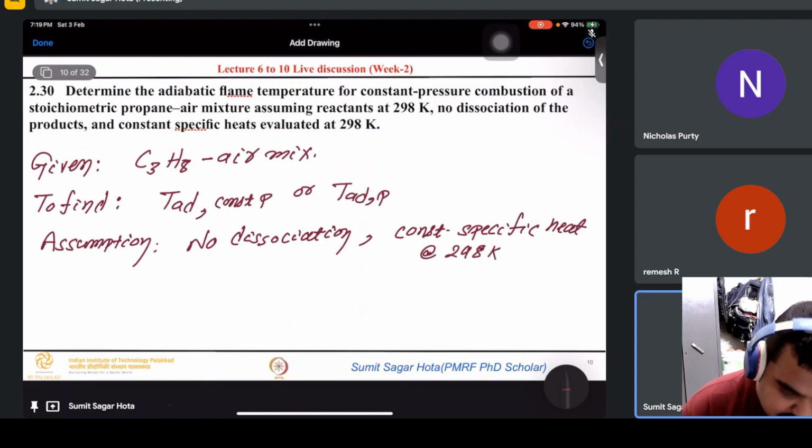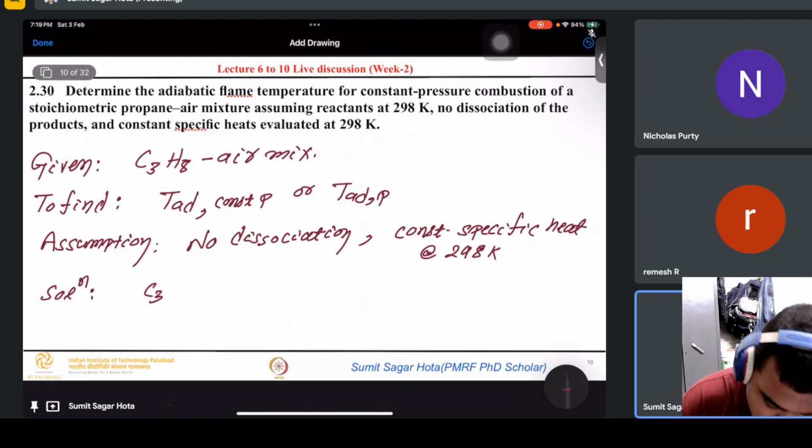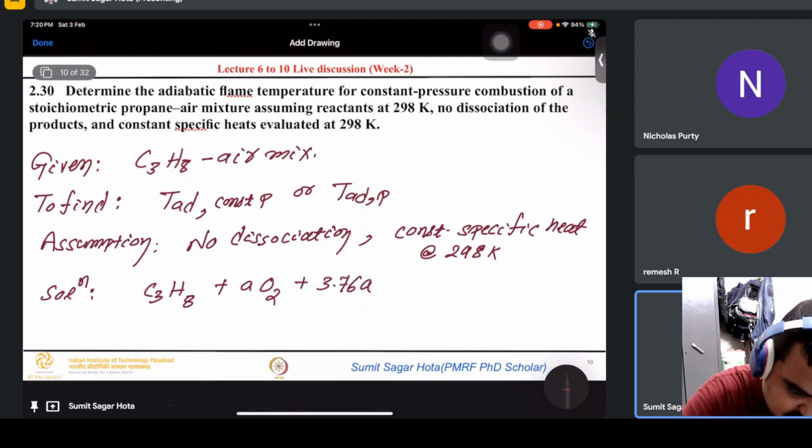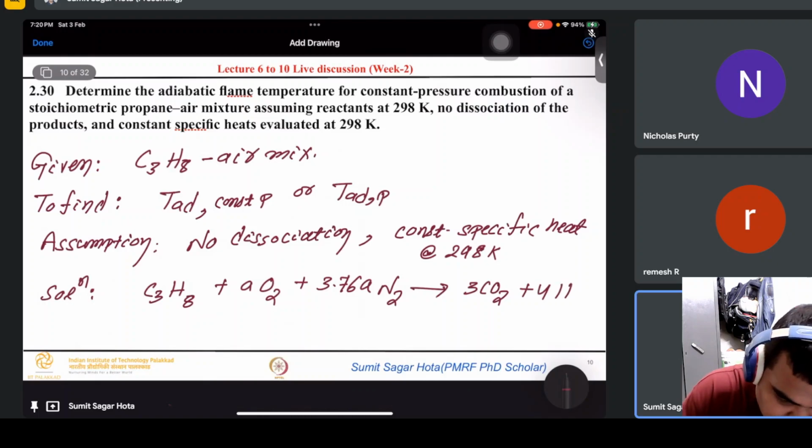So we write down the equation: C3H8 plus a times O2 plus 0.76 times 3.76 N2.